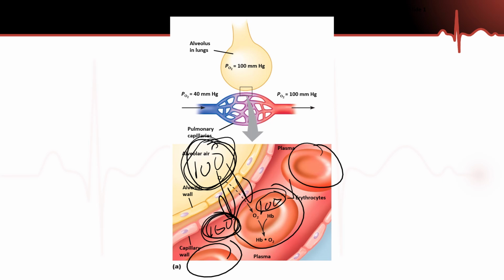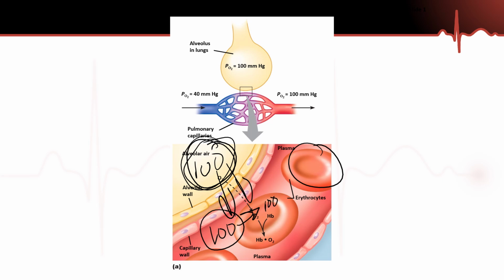The purpose of driving the partial pressure of oxygen within the blood plasma up to 100 millimeters of mercury, and thus the intracellular fluid of the red blood cell, which is also water, right, up to 100 millimeters of mercury, is to actually influence the hemoglobin proteins within the red blood cells.